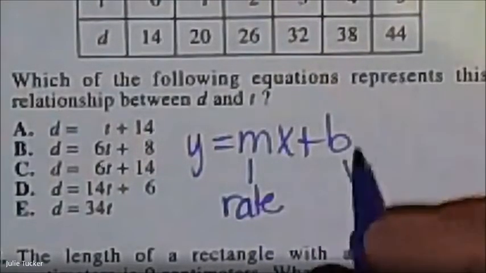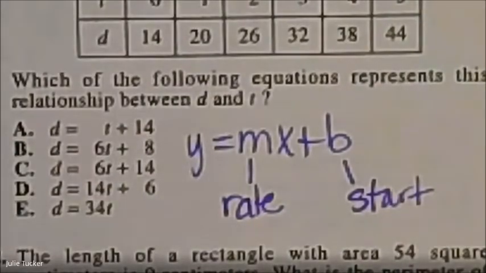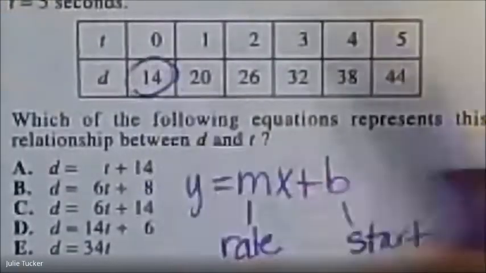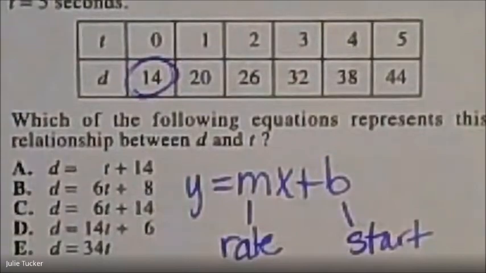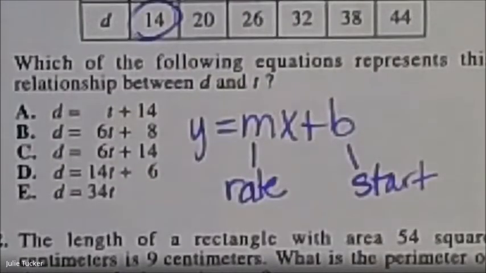The b will be the starting distance, at time 0 when you start. So you can look at your equations right now and pick the one that has that.